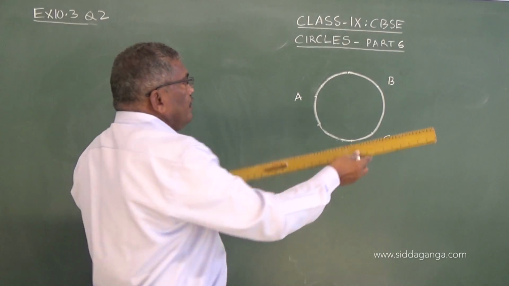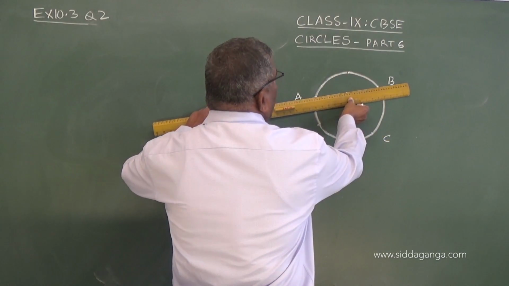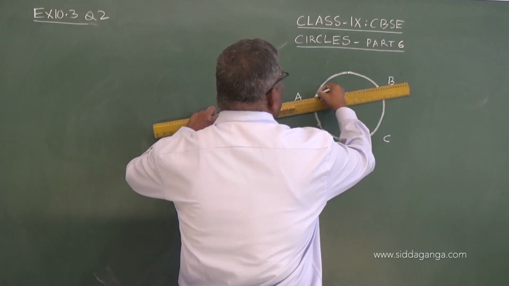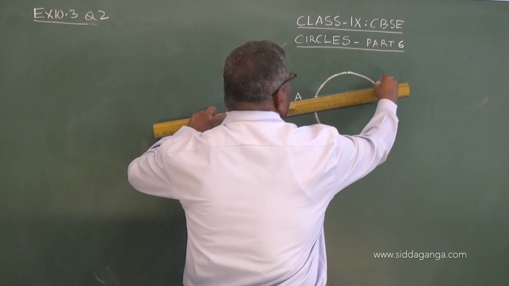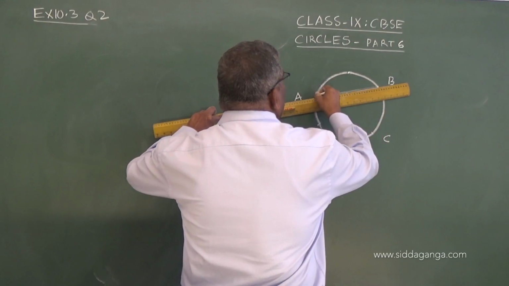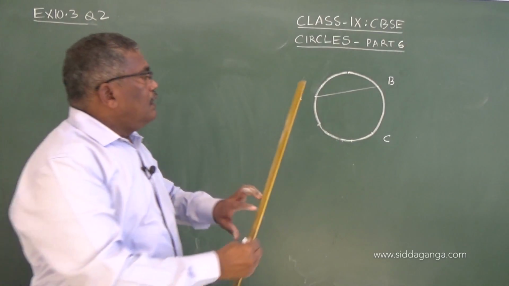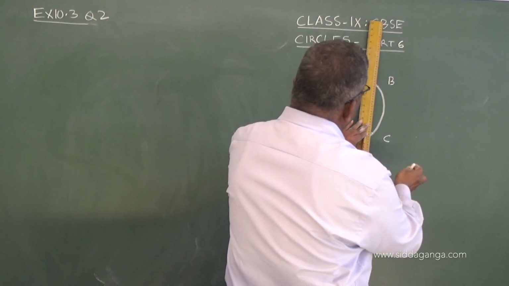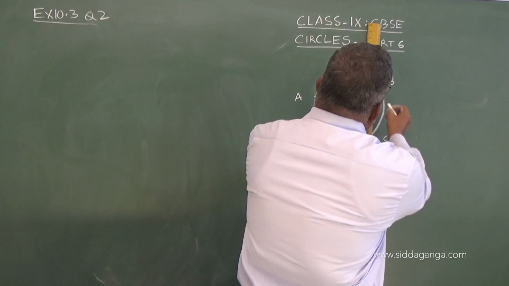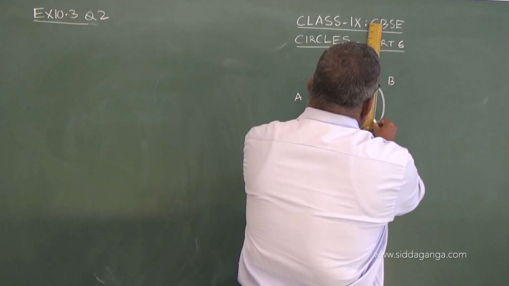Now join AB. So you will get a chord. AB is a chord. You will get a line segment AB. It is a chord. Now join BC. So you will get another chord.